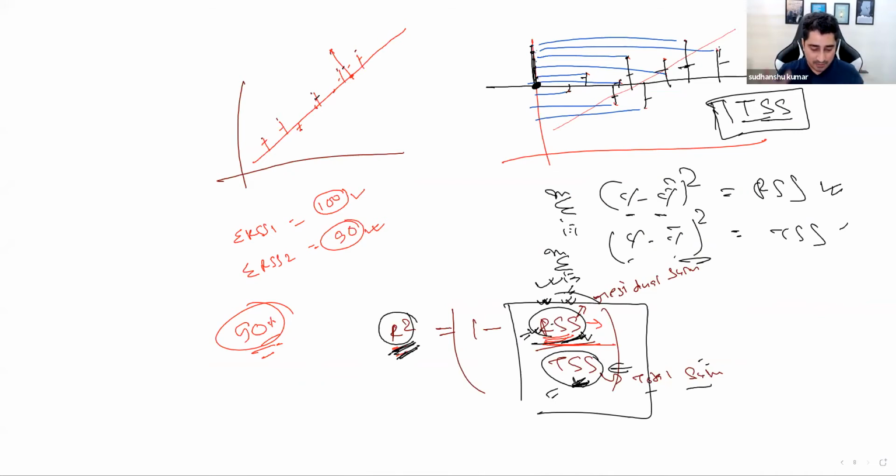So are we able to understand RSS, TSS, residual, and d by dm, d by dc, all those things? If I ask you the meaning of homoscedasticity, the meaning of exogeneity, the meaning of multicollinearity, will you be able to answer?